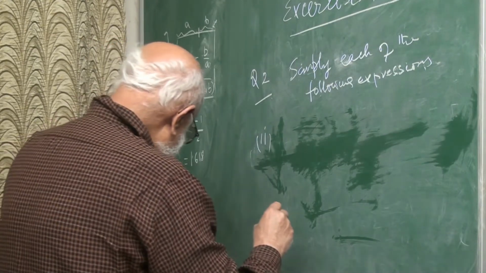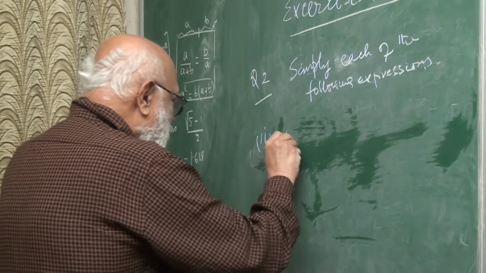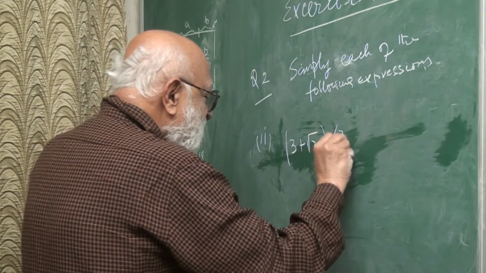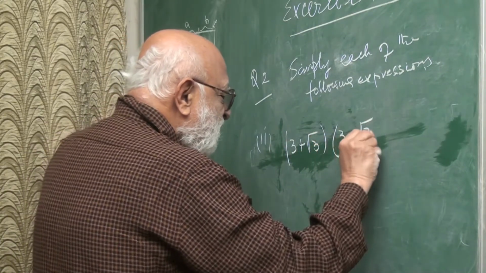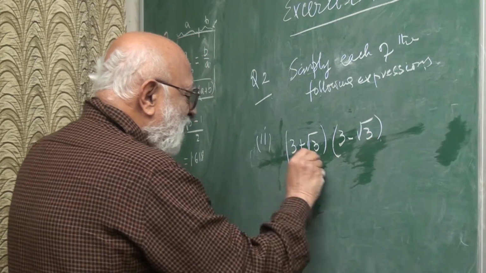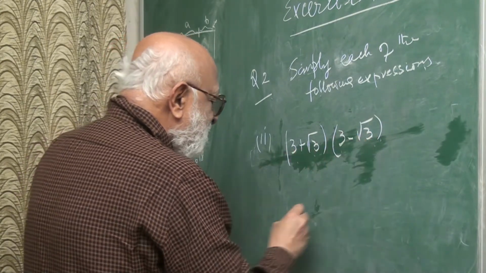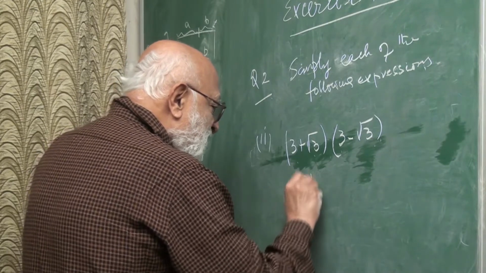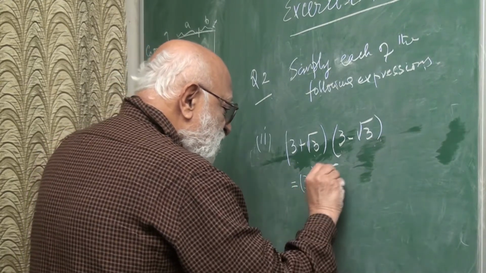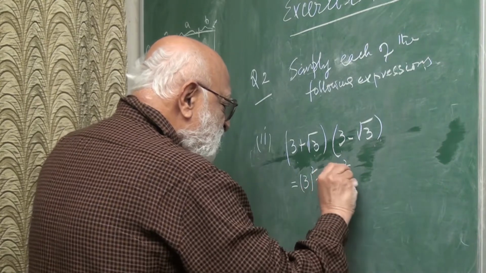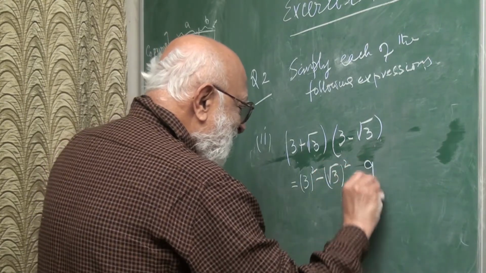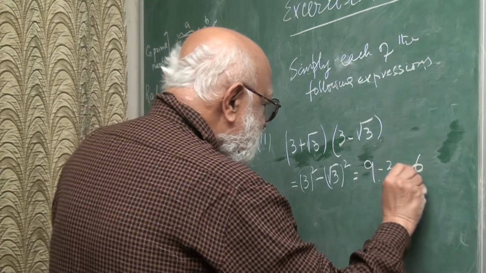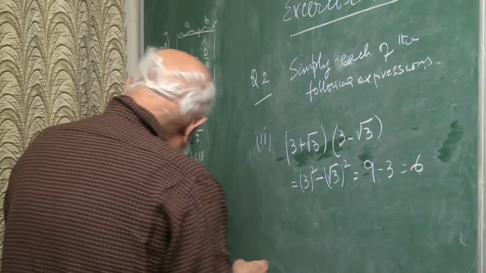That would be root 3 into root 3, here 3 minus root of 3. Okay, a plus b, a minus b. So a square minus b square. So that would be equal to 3 square minus root 3 square. So this would be 9 and this should be minus 3. That would be equal to 6. So this is done.